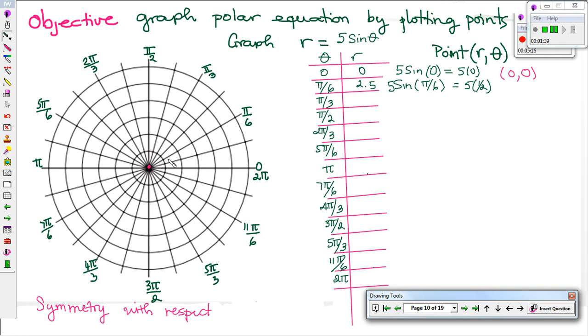This is the terminal side of pi over 6. We start from 0, go counterclockwise, begin from the pole, and count until we get 2.5. So we do 1, 2, 3. So 2.5 will be here. That will be our point number 2. So we write out the pair of the point: 2.5, comma pi over 6.